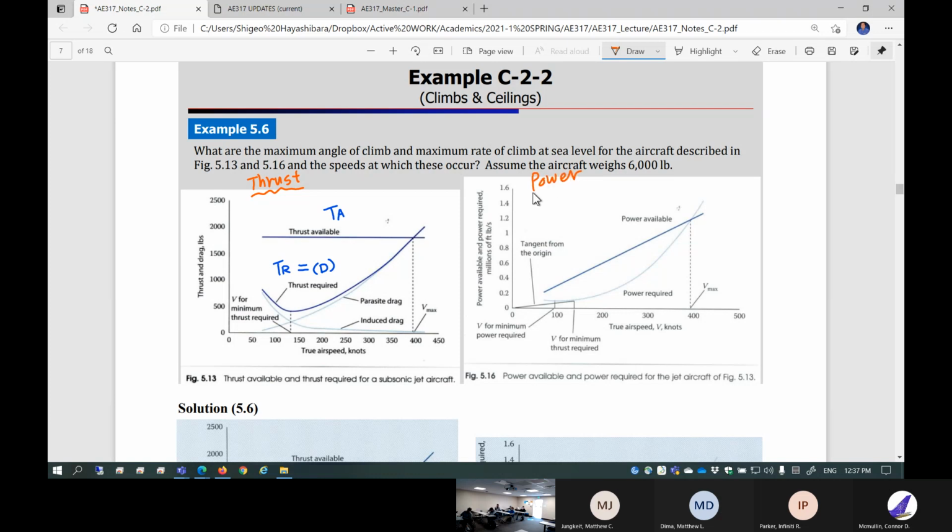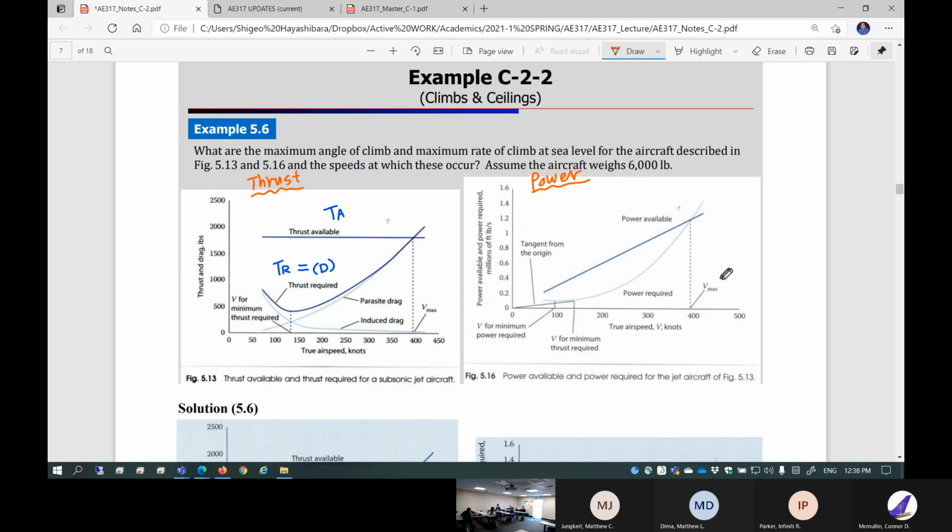It's essentially the same airplane. One is a thrust required versus thrust available plot. If you do the same thing, thrust multiplied by the airspeed is going to give you power. So if you plot the power for the same airplane, this is a power plot. One is thrust, one is power. Same thing. So those two pieces of information are given.